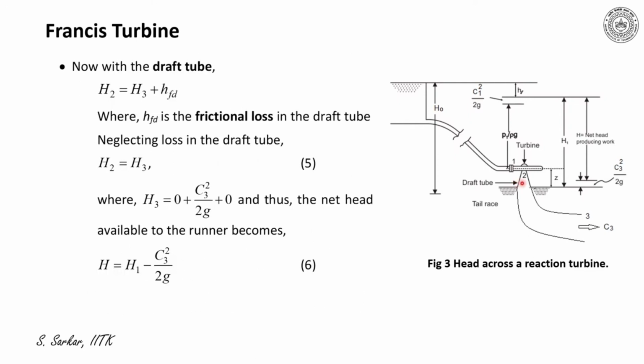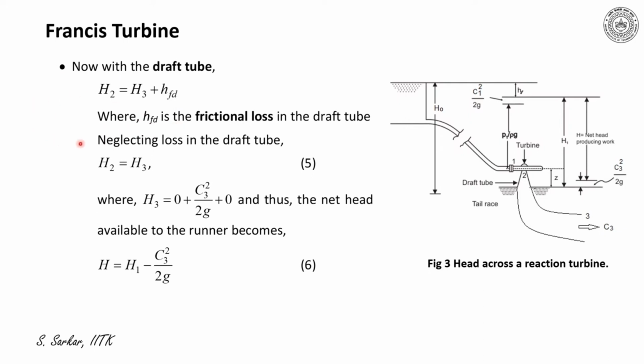Figure 3 indicates that the state point 2 is the exit of the turbine and 3 represents the exit of the draft tube. Now, with the draft tube, one can say H2 is equal to H3 plus h suffix Fd, where small h suffix Fd represents the frictional loss in the draft tube.